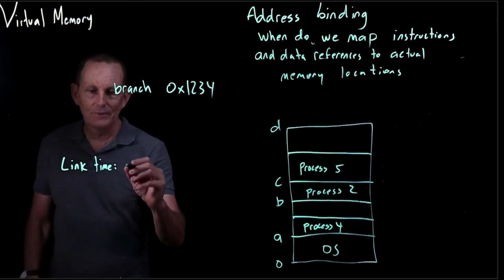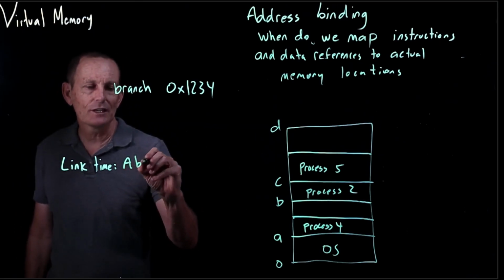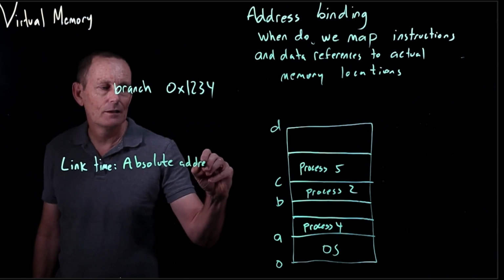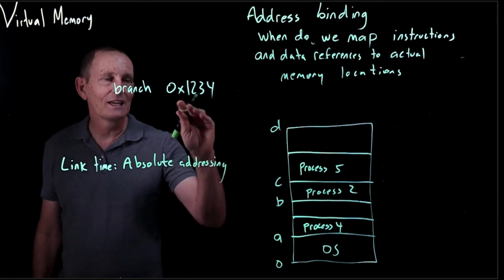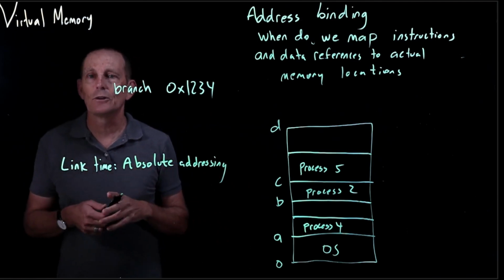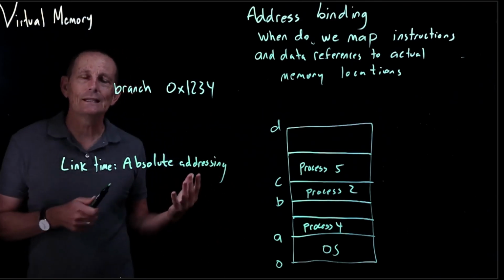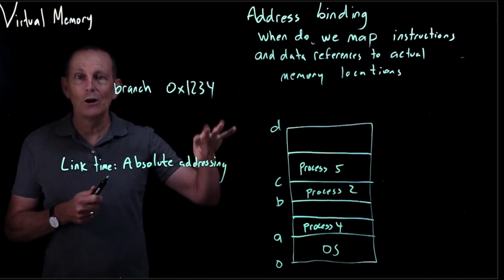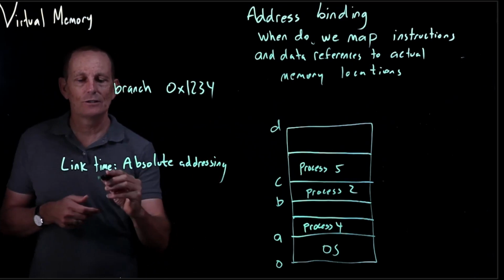So at link time, we're basically using absolute addressing. We're using absolute addresses, and we assume that we know exactly where we're going to load it in memory. So that worked great if we were running one process that was always being loaded at a particular memory location. So good.